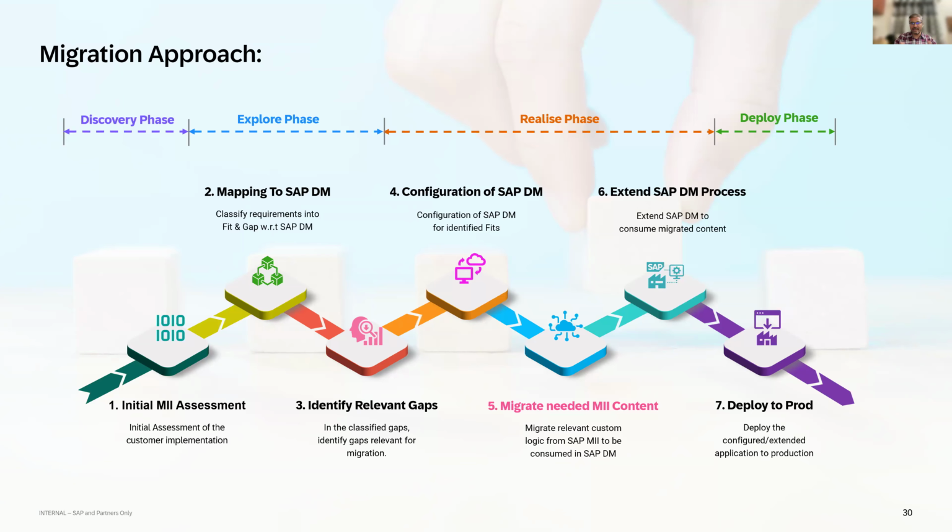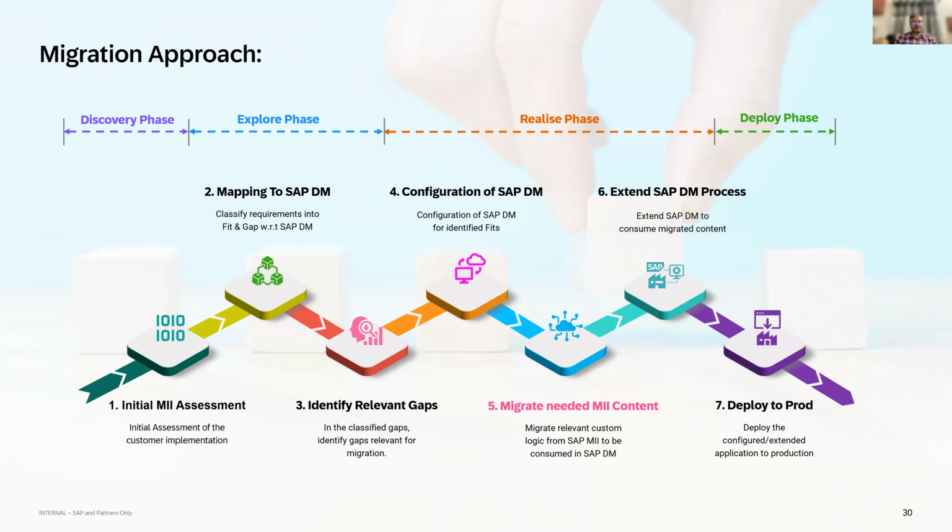So how does it typically happen? We do the typical initial MII assessment as part of CEP, wherein we try to map the standard capabilities of digital manufacturing to the current requirements as step 2. After the mapping, we usually end up identifying the key gaps that need to be developed or migrated so that the solution can be offered in full.